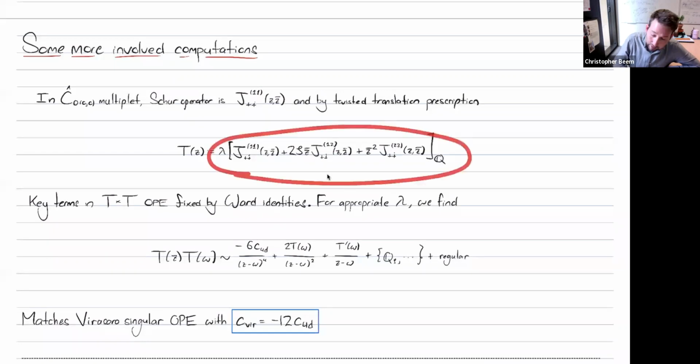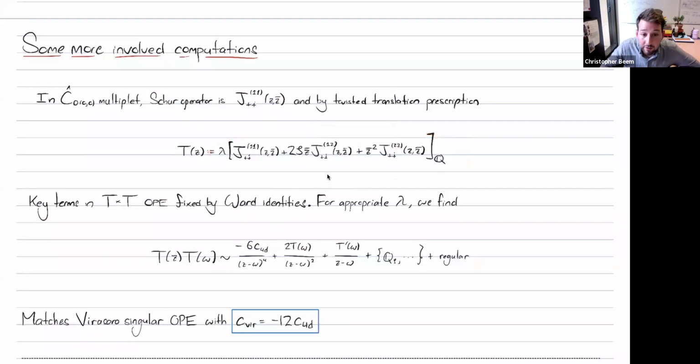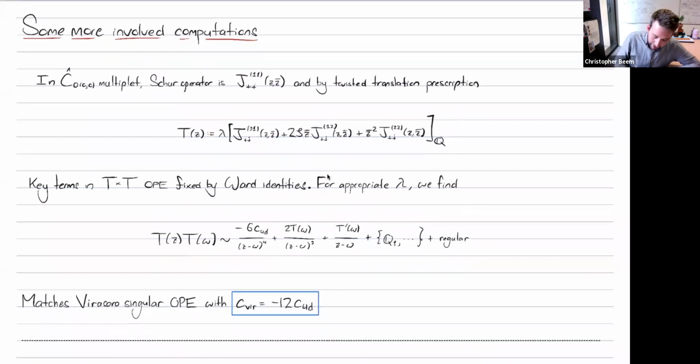Now it's a little bit more complicated. And then if you work out the OPE, it's not as straightforward because it's not just free fields, but you have some control over many terms in the OPE using Ward identities because you're looking at OPEs of the stress tensor multiplet. And what you get when you do that OPE is a set of terms where you're getting similar cancellations of Z bar dependence. And then you also get Q exact terms, even in the singular terms.